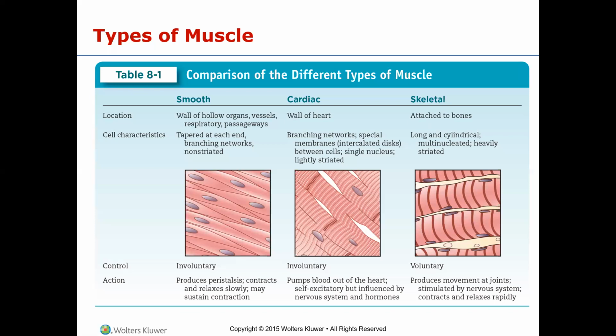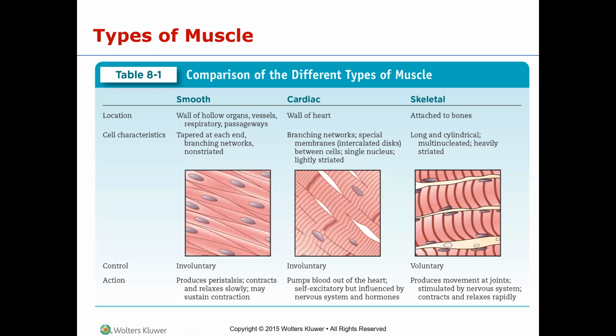The cardiac muscle only has one nucleus per cell. However, as you can note in this diagram, it does have branching, which the skeletal muscle does not. So even though they are striated, they don't have that branching. They only have one nucleus, where there are many nuclei in the skeletal muscle.